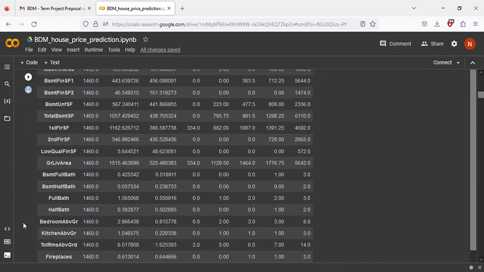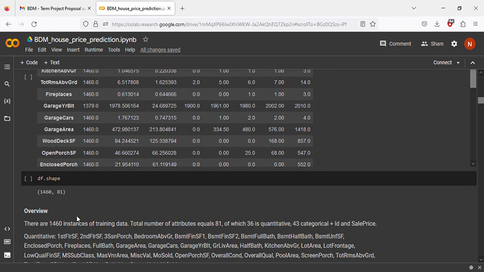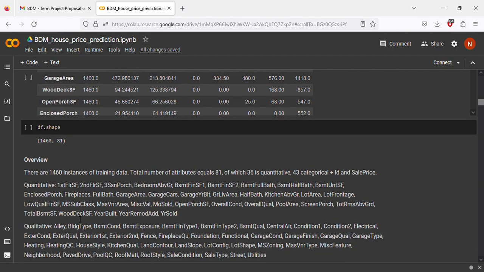Moving ahead, from this analysis, we understand that out of 81 attributes, one is the ID of each buyer and seller, which is a unique identity of the buyer, and hence it cannot be treated as a variable. On the other hand, sales price is a dependent variable. So out of the remaining 79 independent variables, 36 are quantitative variables and 43 are categorical variables.